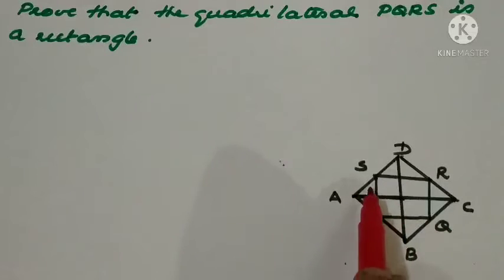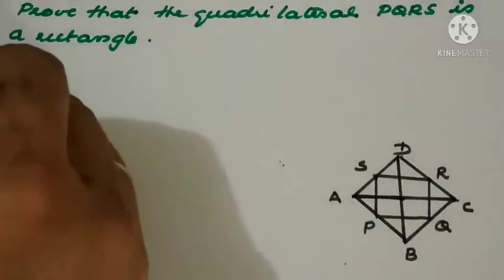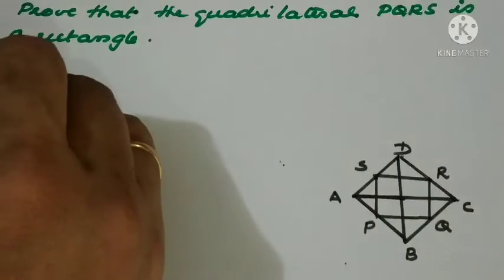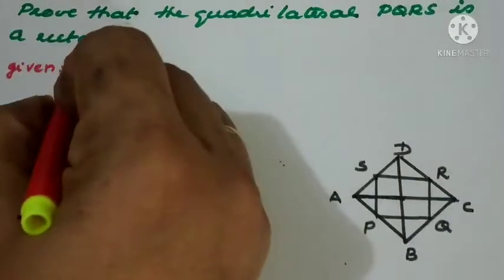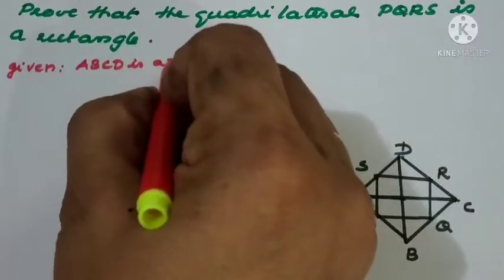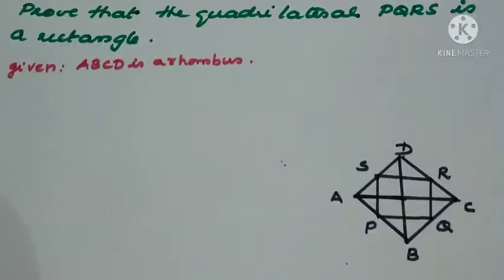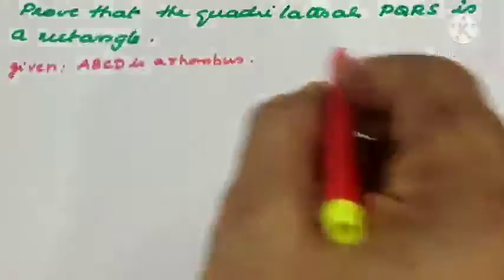So what is given here? ABCD is a rhombus. A rhombus is a special type of parallelogram. So we'll write here: given, ABCD is a rhombus. Rhombus means all the four sides are equal. And PQRS is the quadrilateral formed by the midpoints of AB, BC, CD, DA respectively.